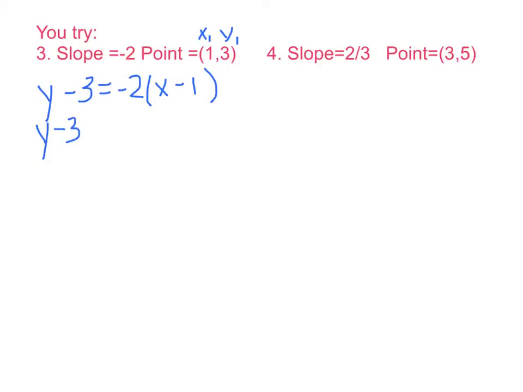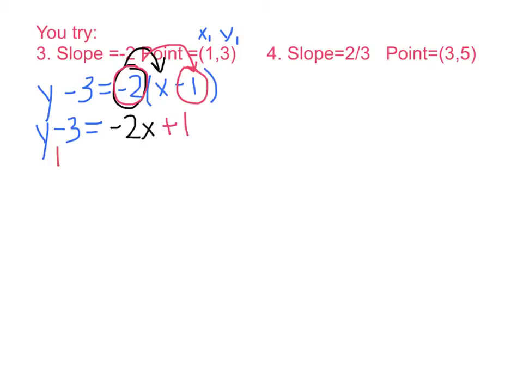Y minus 3, we want to distribute. So negative 2 times x is negative 2x. Don't forget this negative. And now you're going to say negative 2 times negative 1. Remember, a negative times a negative is a positive. It's going to give you a positive 1.